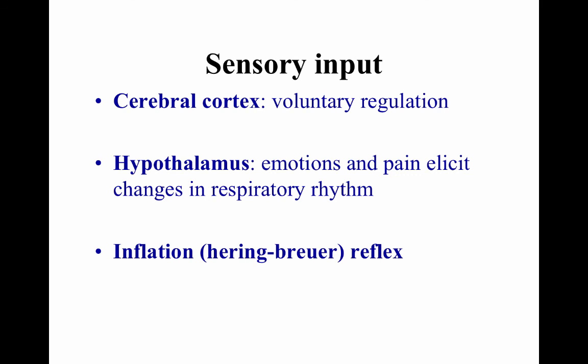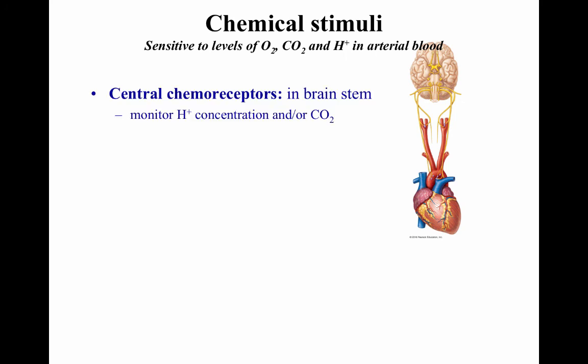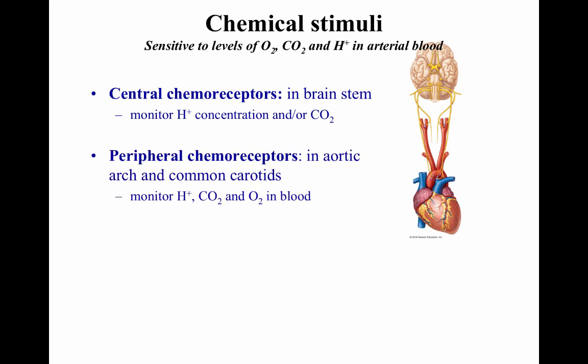so that inflation has ceased, so that there isn't damage done to the lungs through overinflation. Chemical stimuli of the system would say that we're very sensitive to levels of oxygen, carbon dioxide, and hydrogen in arterial blood. So central chemoreceptors in the brainstem monitor hydrogen concentrations and/or carbon dioxide, as well as peripheral chemoreceptors in the aortic arch and common carotids that we discussed previously that also monitor hydrogen, carbon dioxide, and oxygen in the blood.